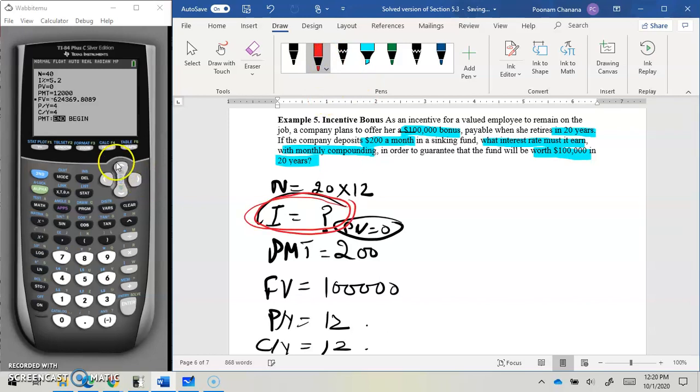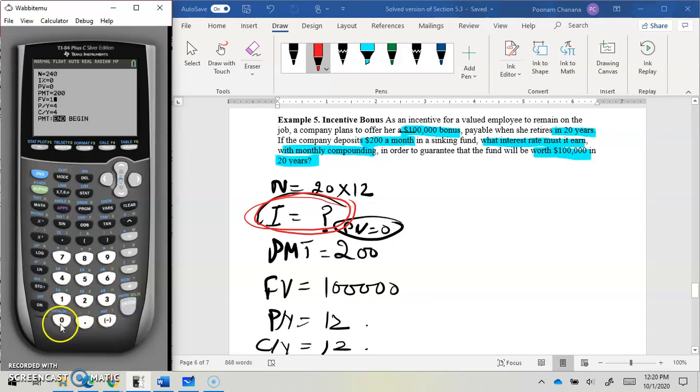Okay. So the procedure is the same. Use your TVM solver and enter everything. N is 20 times 12. You can write it like this too. The calculator will calculate it itself. I is unknown, so I'm going to make it 0. Present value is 0. Payment is $200 every month.